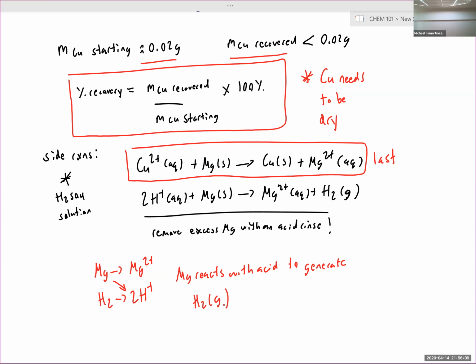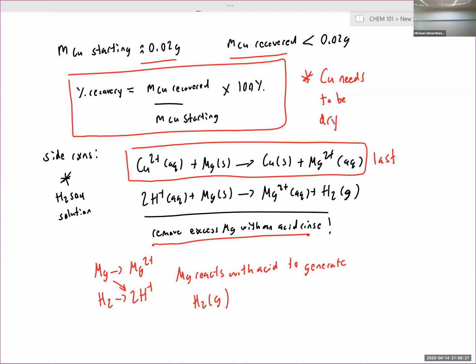And we can exploit this fact because we can rinse and remove our excess magnesium with acid. The same is true for metals such as aluminum, and that's a common experiment done in other introductory chemistry courses.